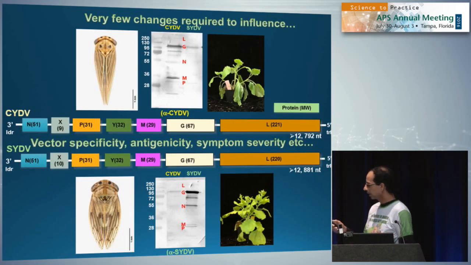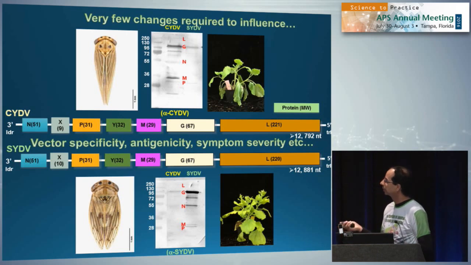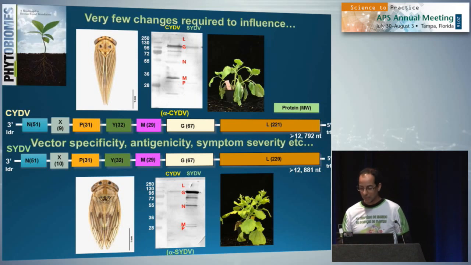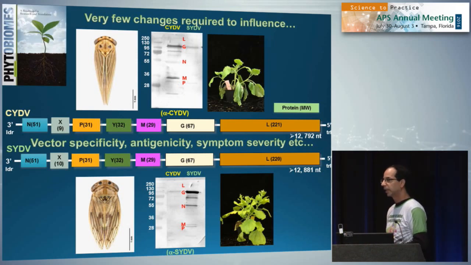And so the important concept is then that very few changes are required to influence things like vector specificity, antigenicity, symptom severity, and so forth. And so phytobiome research is really going to have to take into effect virus population structure, variation in viral strains, and so on and so forth.